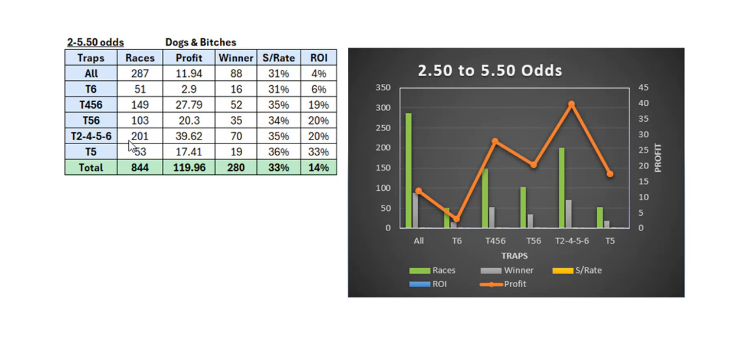And you can see the other ones down there, including trap 5, 53 races, £17 profit, 19 winners, 36% strike rate, and 33% return on investment. So it's getting better. Okay, and that's using both sexes, dogs and bitches, all included in these figures here. So there are some figures there that you can bank.